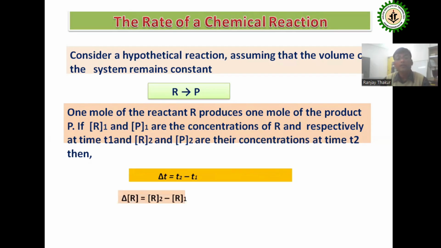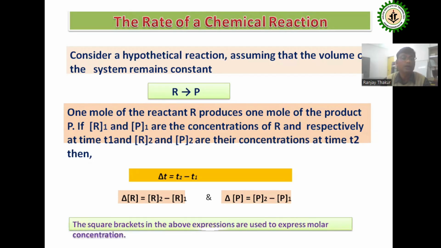The change in concentration of reactant during that time is R2 minus R1, denoted by del R, and the change in concentration of product, del P, is equal to P2 minus P1. P2 is the final concentration and P1 is the initial concentration, so we determine the difference between final and initial concentration of reactant or product.